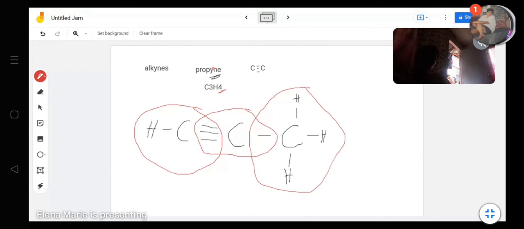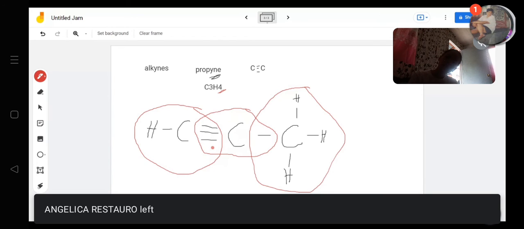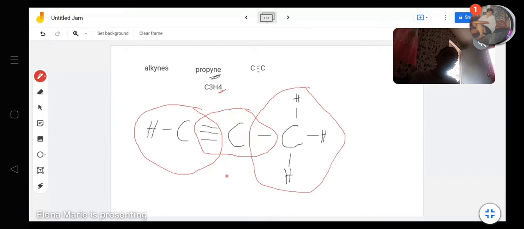Also for your propyne, the 2 bonds in your triple bond will break to accept 2 hydrogens or other elements, and then the other bond in your triple bond will also accept hydrogens or other elements, so that it can maximize the number of bonds with other elements that it can form. So this is basically your alkyne, your propyne.